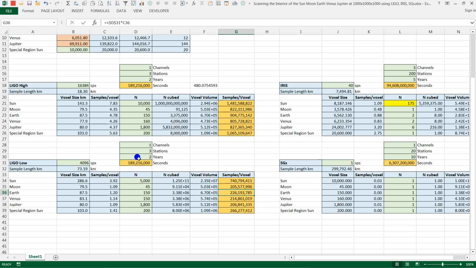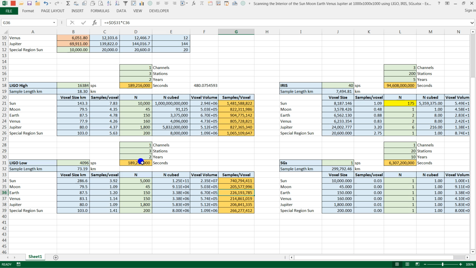Every pixel. There's an estimate of the gravity, a component of it, for every voxel in the scan volume for every second.